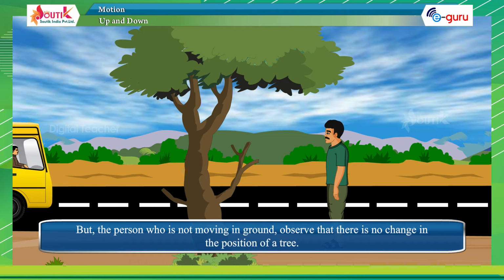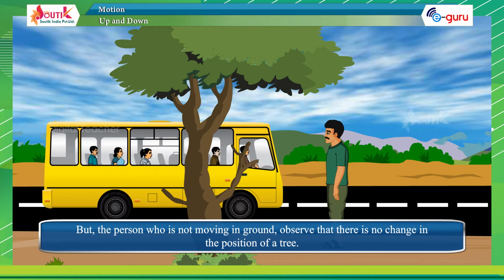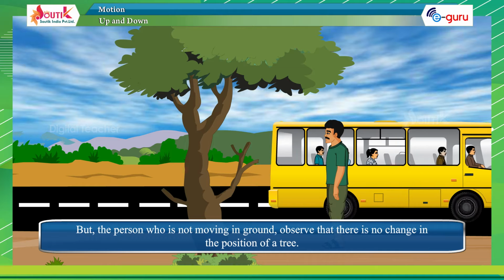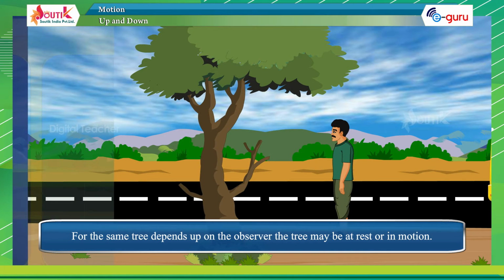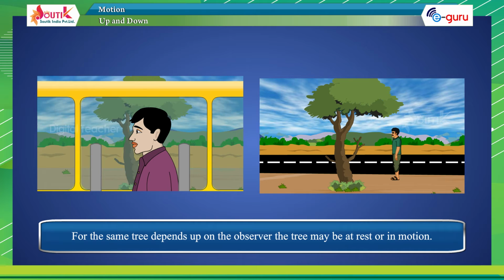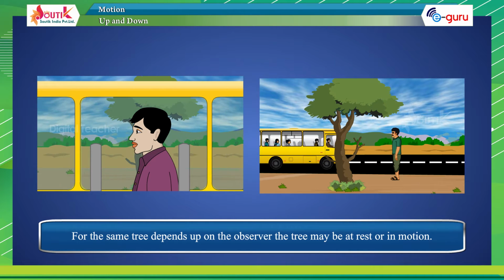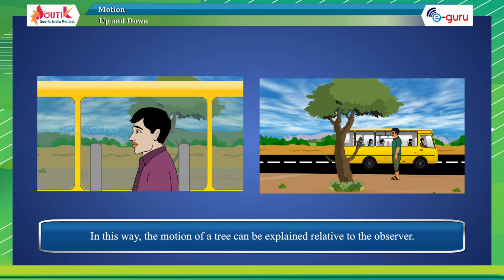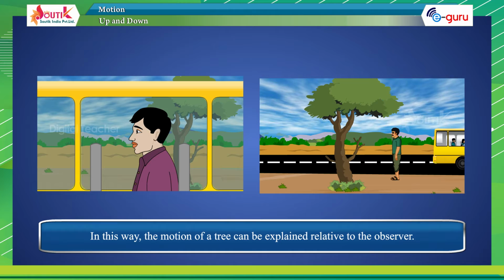But a person who is not moving, standing on the ground, observes that there is no change in the position of the tree. For the same tree, depending upon the observer, the tree may be at rest or in motion. In this way, the motion of a tree can be explained relative to the observer.